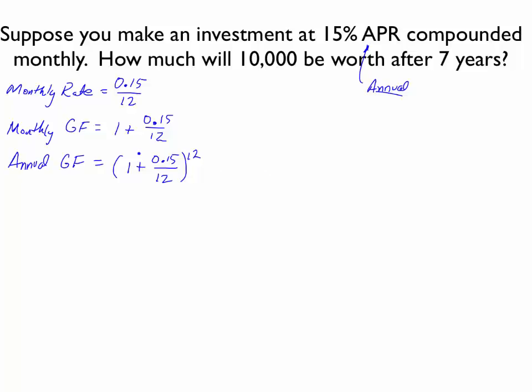So now, if I want to get the APY, here's my annual growth factor. What is that number? 1.16075. A little bit greater than that.